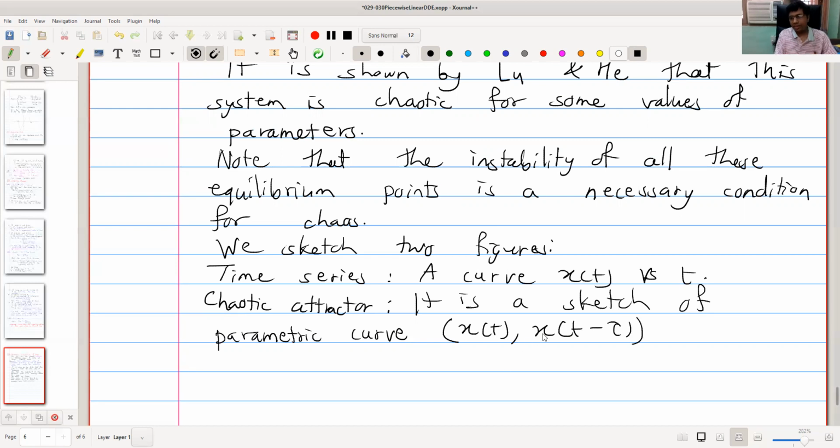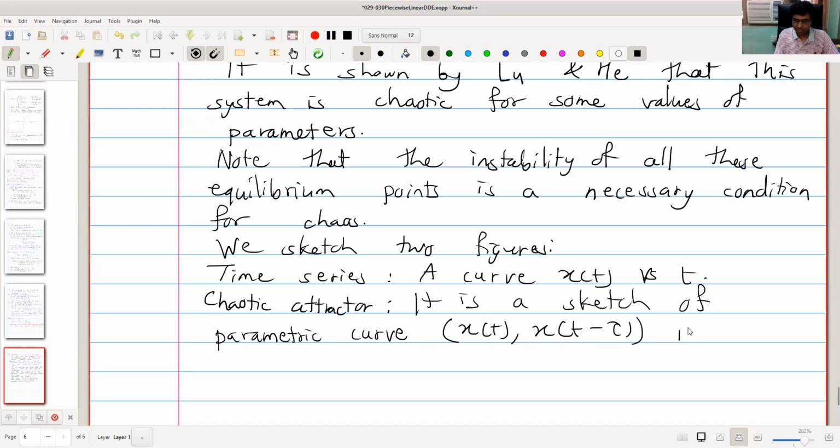In general, this may be x of t plus tau or t minus 2 tau, something like that. So x of t versus x of t minus or plus something. It is a chaotic attractor.